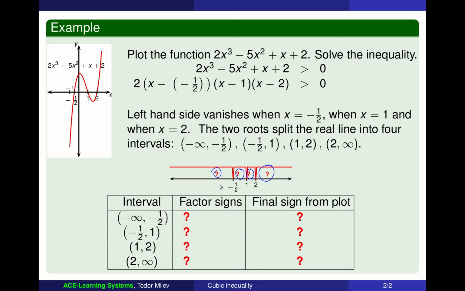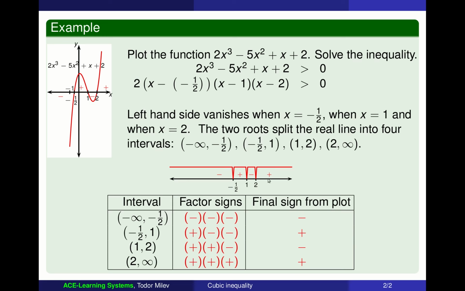So these signs would record the sign of the function f, as x varies in the corresponding intervals. So please pause the video and carefully write down the answer. Fill in this table.